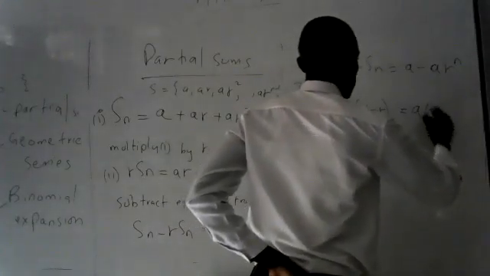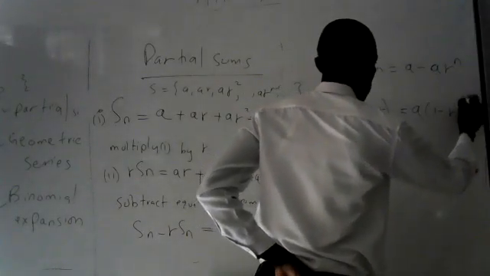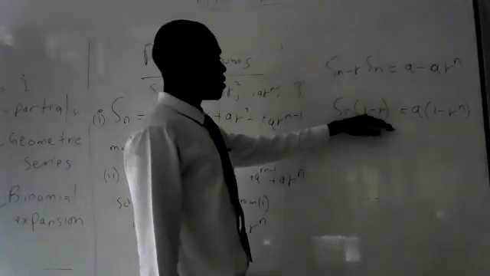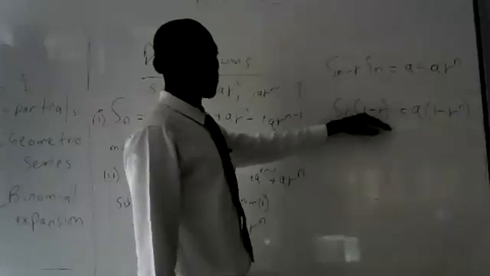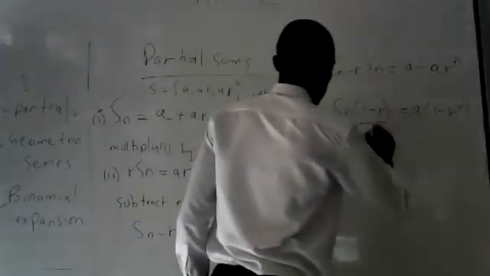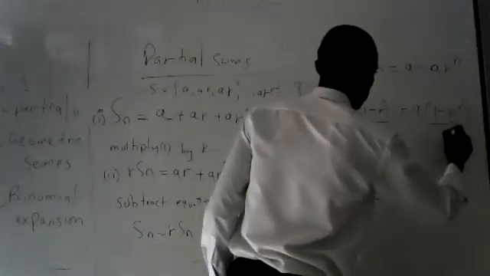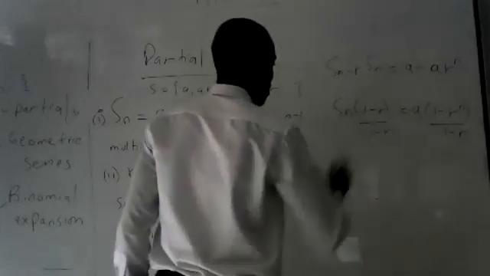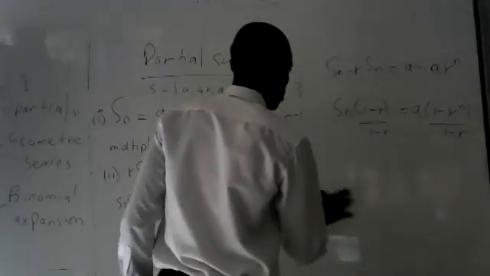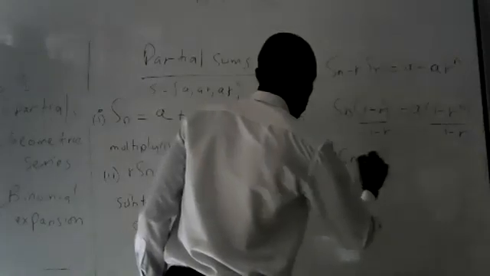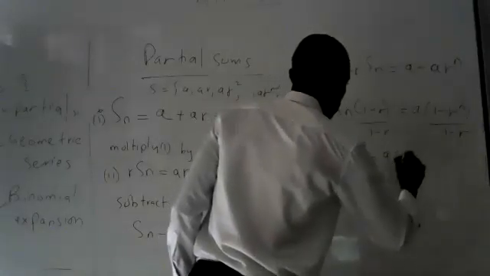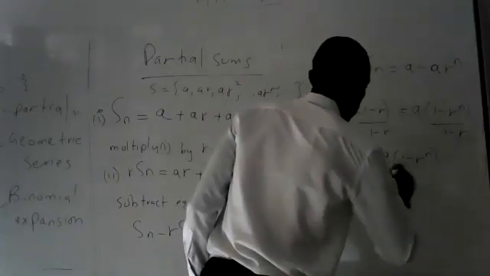Then we have A times 1 minus R to the n. Now divide this side by 1 minus R, and this side by 1 minus R. The 1 minus R on the other side cancels out. So we have Sn equals A times 1 minus R to the n, divided by 1 minus R.